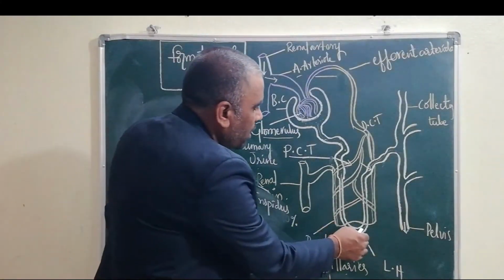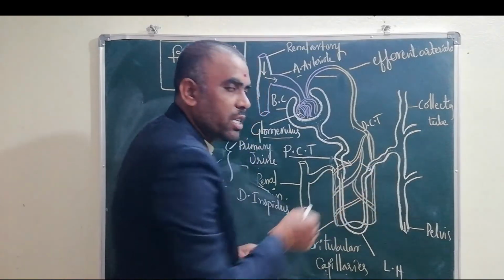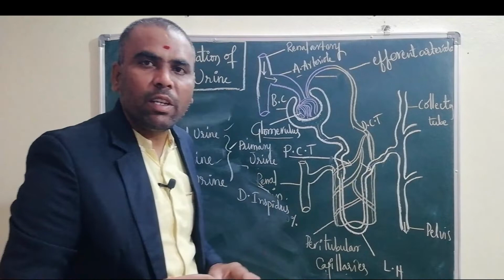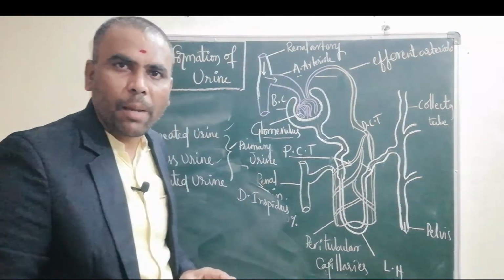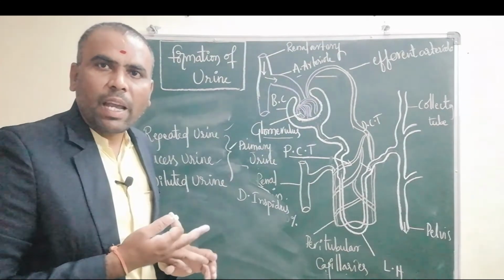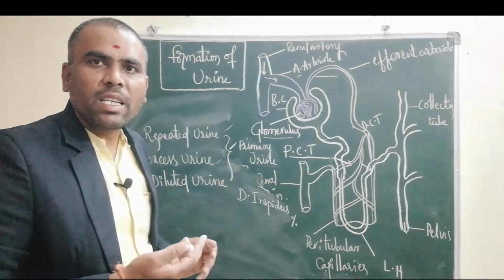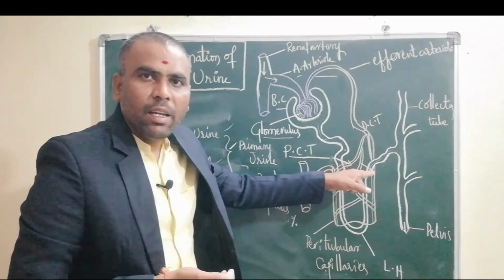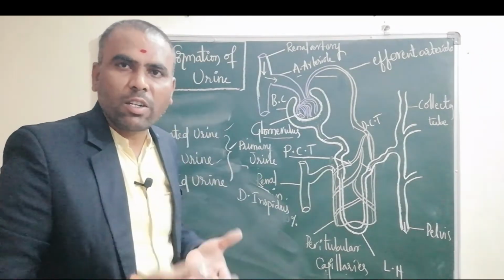Then it passes to the DCT, where materials are secreted from the peritubular capillaries: urea, uric acid, creatinine, and excess salts like potassium, sodium and hydrogen. Through these secretions, the urine becomes concentrated.